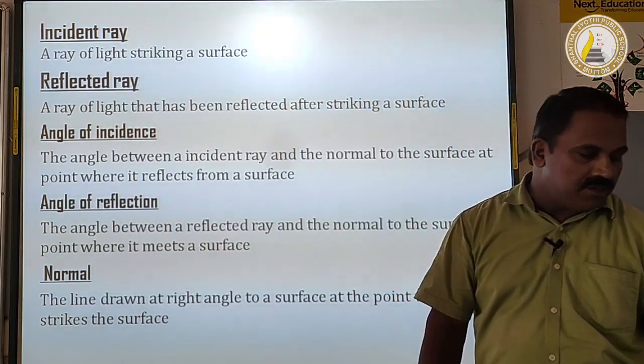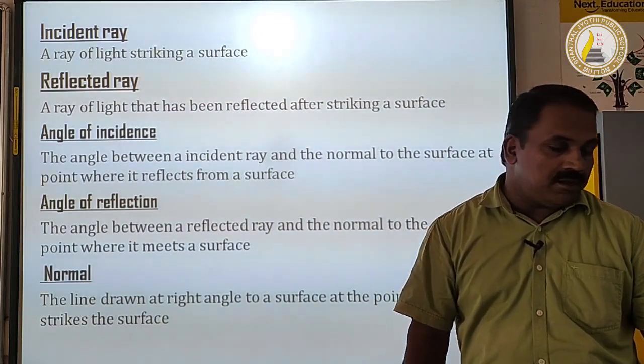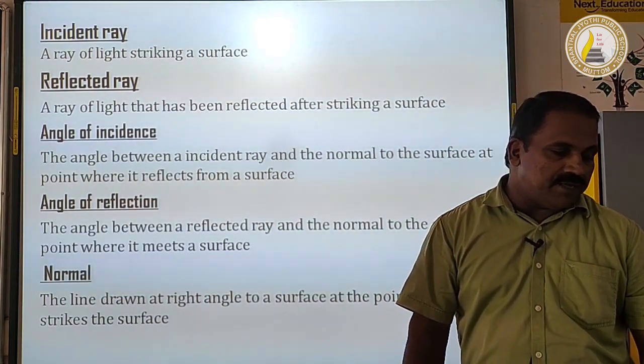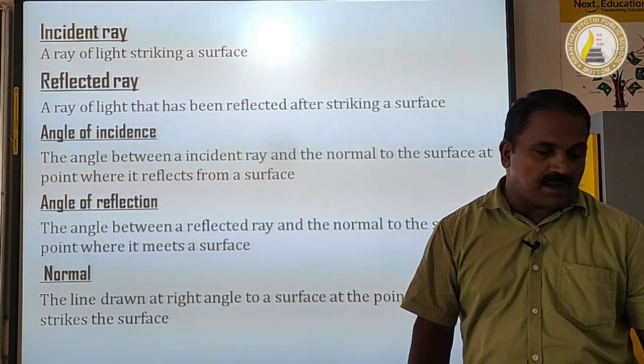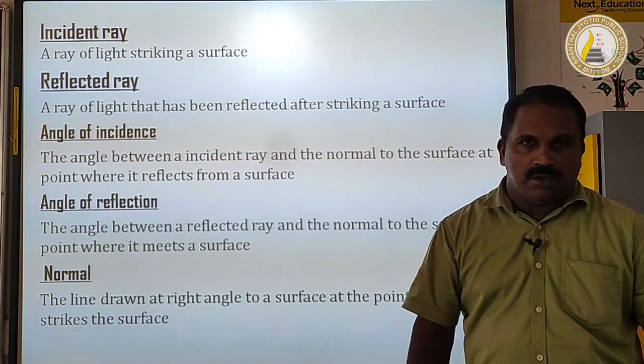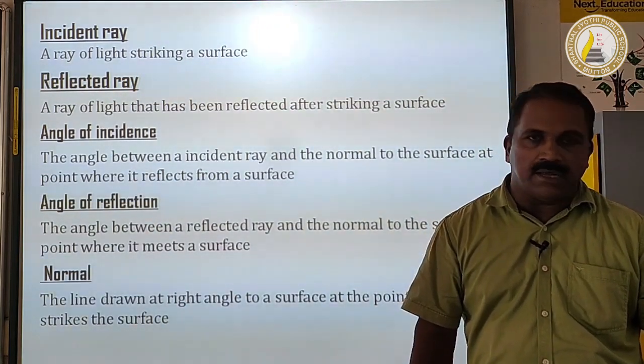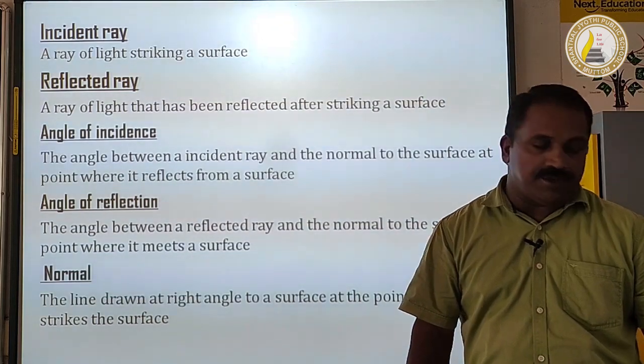Incident ray means a ray of light striking a surface. Reflected ray is a ray of light that has been reflected after striking a surface. Angle of incidence is the angle between the incident ray and the normal. Angle of reflection is the angle between the reflected ray and the normal.